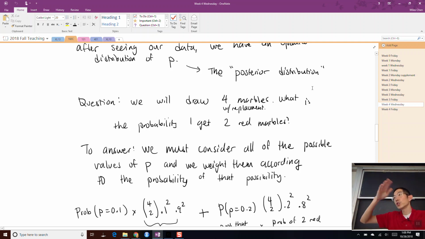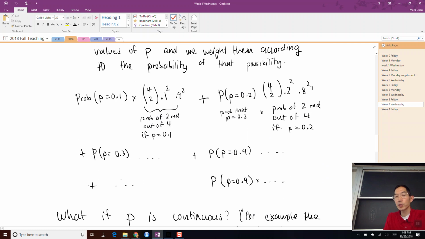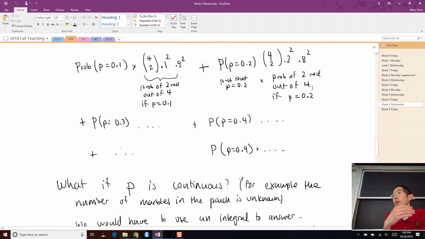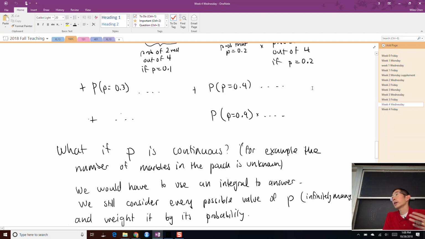The distribution you get after updating from seeing your data is known as the posterior, okay? The posterior distribution in this case would say that values like 0.6 are most likely. Values like 0.5 or 0.7, those are still very likely, but values like 0.1 and 0.2 are unlikely, okay? Even though they're unlikely, they are still possible.